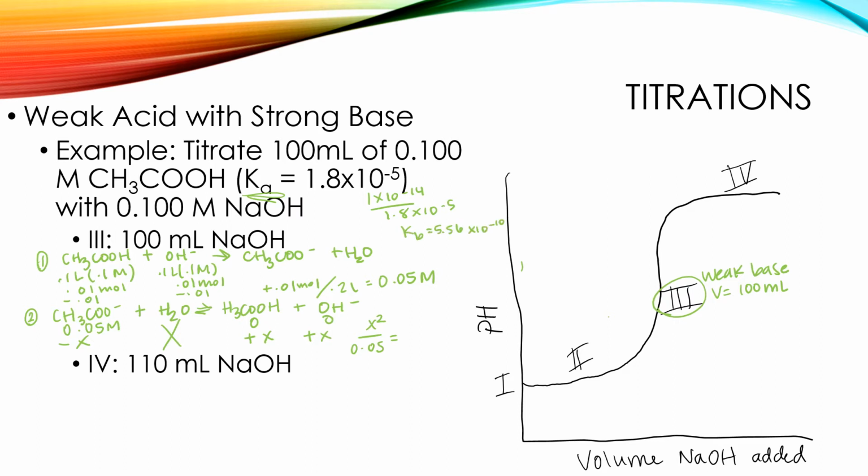That's 5.56 times 10 to the negative 10. So I'm going to solve for x, and x equals 5.27 times 10 to the negative 6. I'm going to take the negative log of that, and that is equal to 5.3.